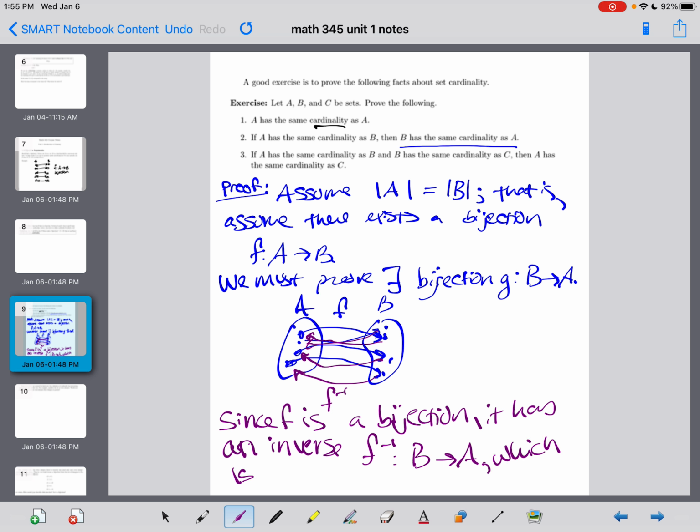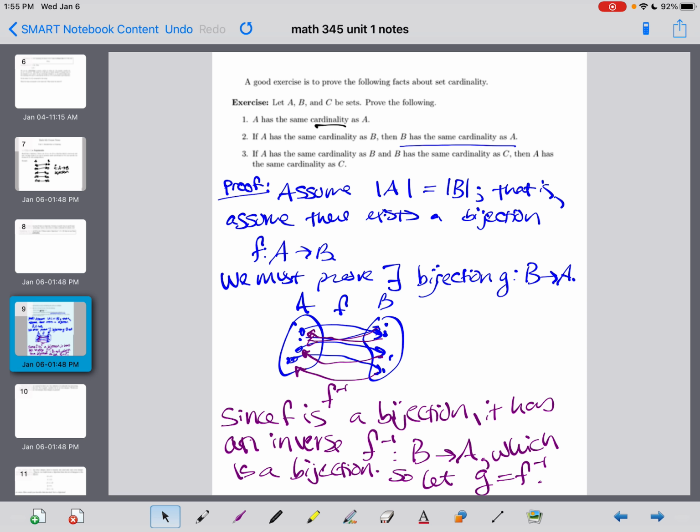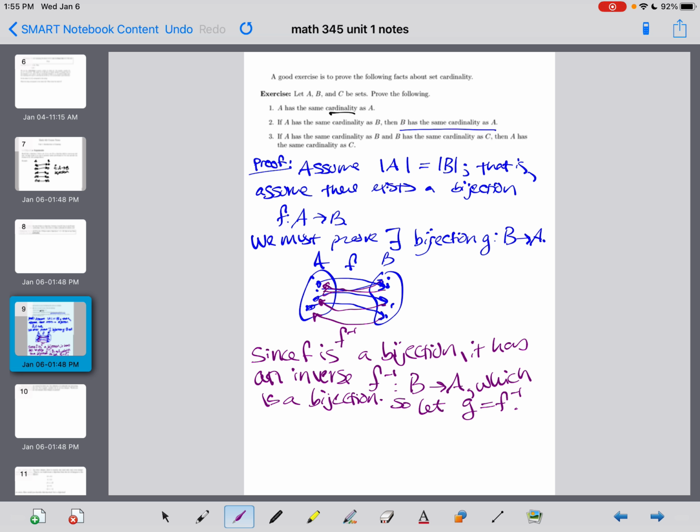Okay, and so we just let that function g that we're looking for be the inverse of f. And so, since there exists a bijection from B to A, that's what it means for B to have the same cardinality as A.